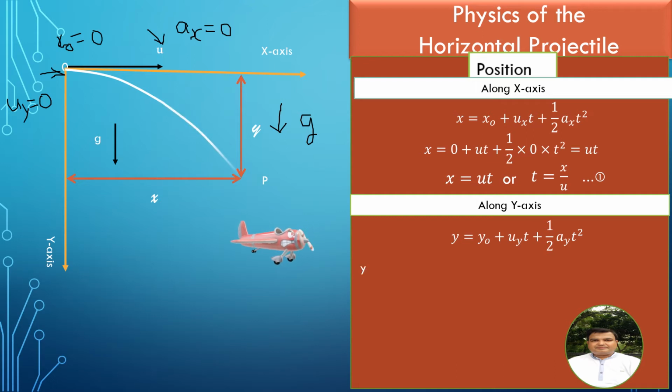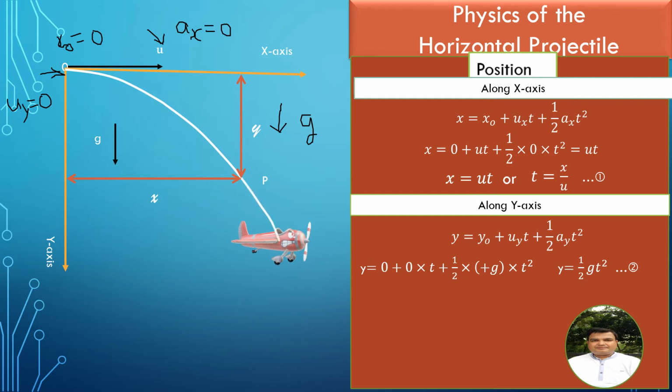Acceleration a y is g here, y equal to 0 plus u y is 0, 0 multiplied by t plus half g multiplied by t square. Plus g, actually downward direction, the y-axis we are taking here as the positive. We can sort it out, y equal to half g t square.